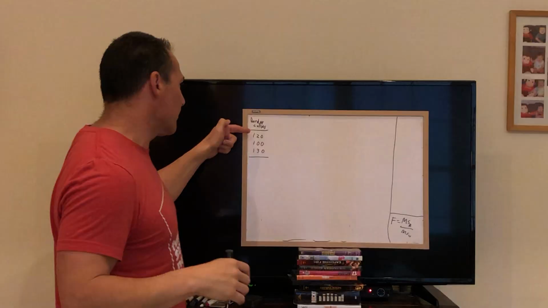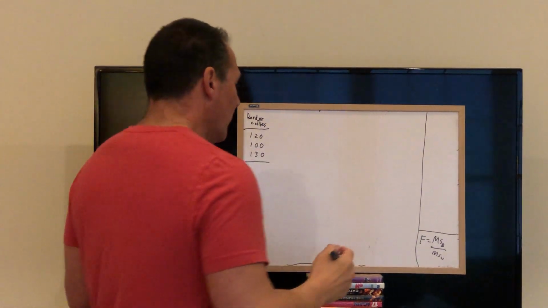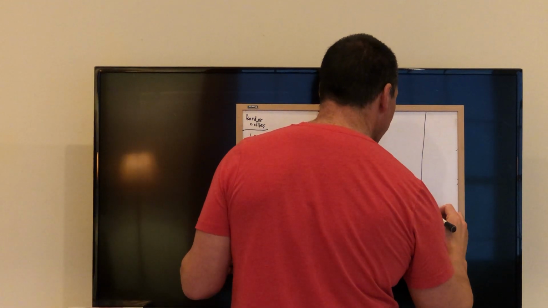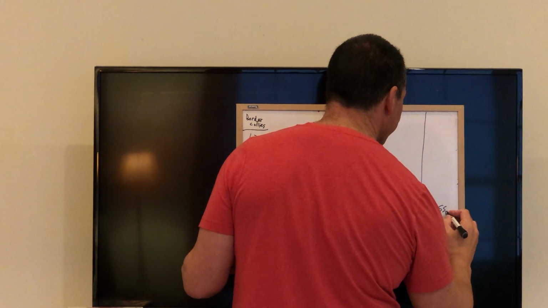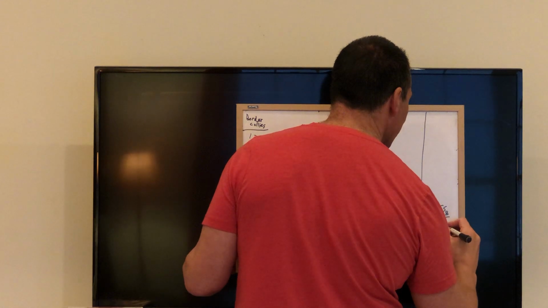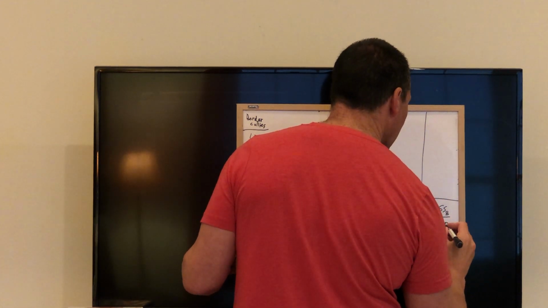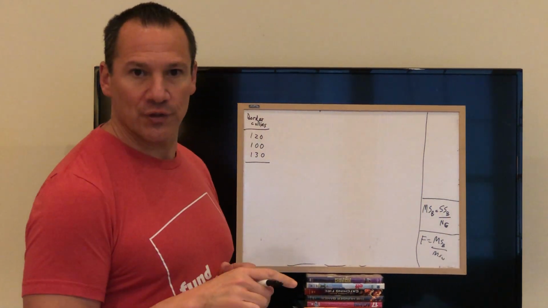It's just the fact that there is variability within each of the three groups. MSB equals SSB divided by NG. Okay, NG simply means the number of groups.